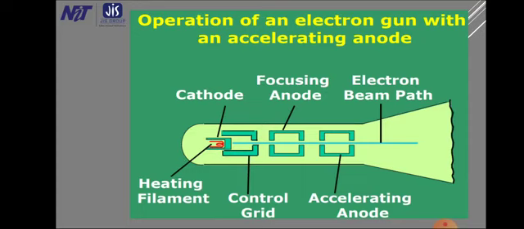They have positive voltage. The control grid had a negative voltage because it had to repel or stop a few electrons going through, depending on what should strike the screen. The focusing anode and accelerating anode have positive voltage.